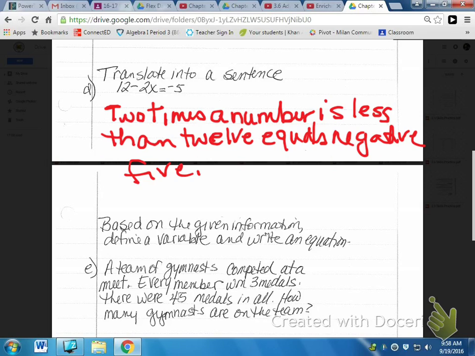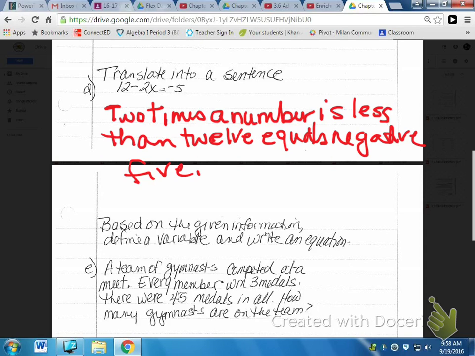Okay, we must have a question. What, Evan? You could put 2 times x. Yes. Didn't you say that the word is means equals? Wouldn't it be 2 times the number less than 12?